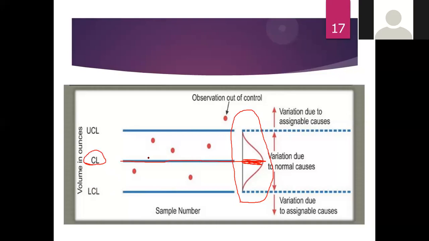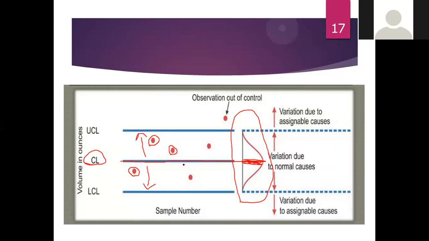From this line, there may be variations up or down. There may be variations. Say these are the samples. They have received some samples, because in a production process you cannot examine all the products, right?